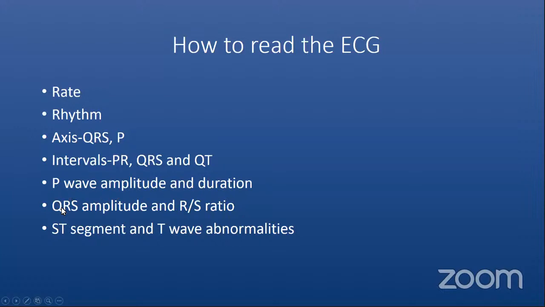That will tell you, as the child goes from neonate to a few months to 6 months and later, the RS ratio changes because the RV dominance changes towards LV dominance. And you have to look at the ST segment and T wave abnormalities; the T wave in the neonatal period is important.